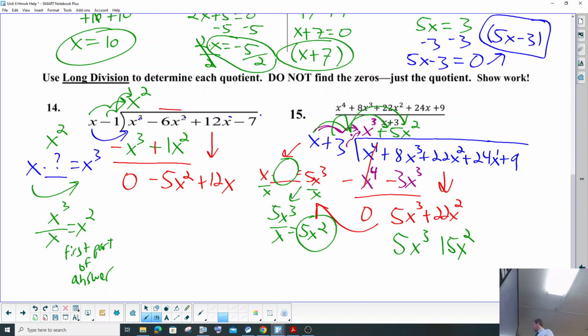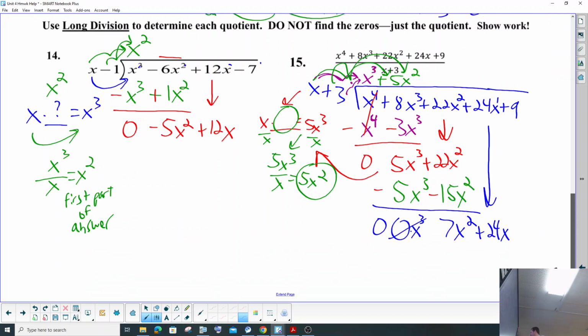So then we change the signs. And so then when we do that, the x cubes go away. 5x cubed minus 5x cubed is 0. And 0 times anything is just 0. Okay, so 22 minus 15 is 7? 7x squared. So then we bring down our 24x, good.